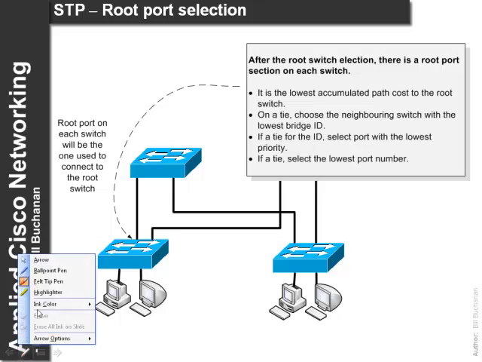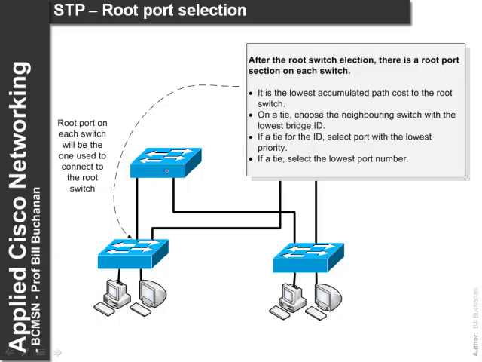Now that we've determined the root switch, each switch must determine their root port. For this, they calculate the total accumulated cost for them to get to the root switch.